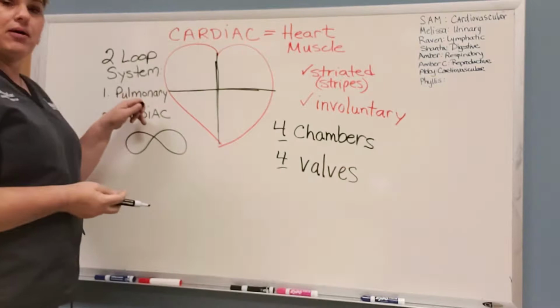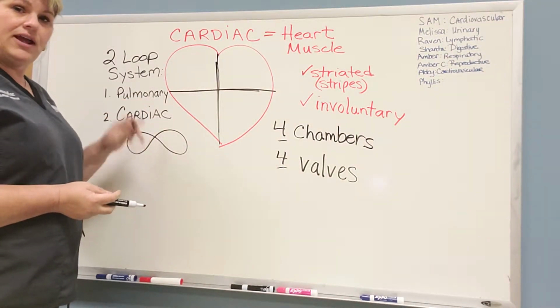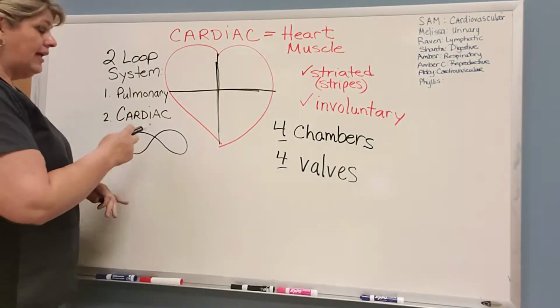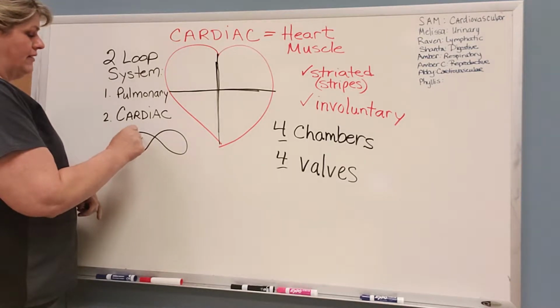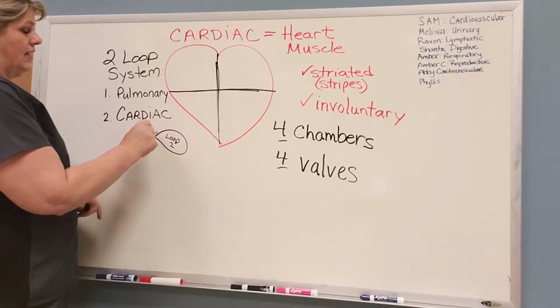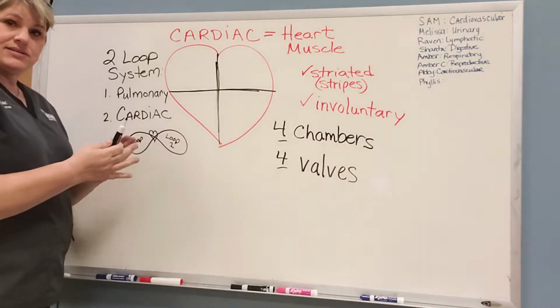Okay, so the pulmonary loop never sends blood into the cardiac loop. It has to finish its cycle. Now, like I said, it's a figure-8. So this is loop 1. And this is loop 2. Again, they both go in and out of the heart, but they never mix.